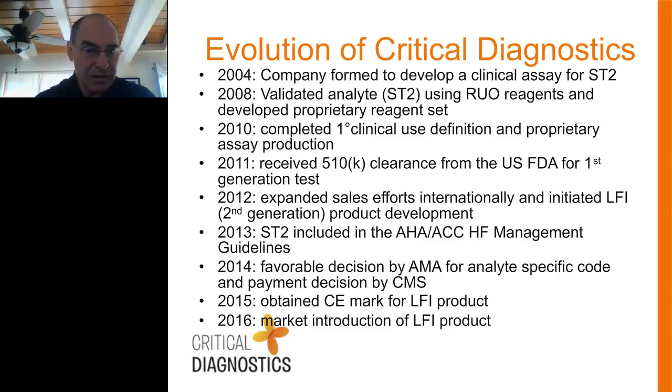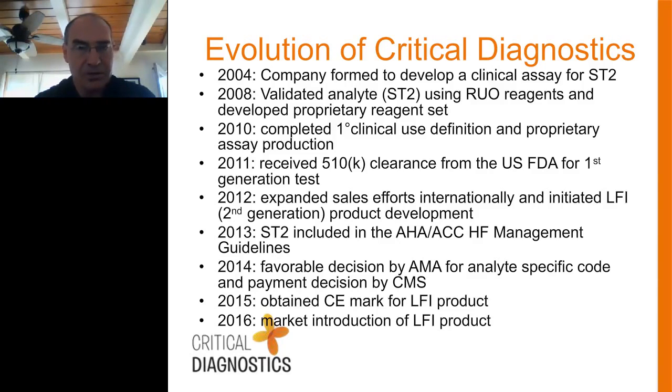In 2015, we obtained our CE mark. So CE mark is the European standard for regulation of clinical products. For our lateral flow product, we obtained that mark and clearance in 2015, began marketing in Europe in 2016, and also then used that CE mark standard to begin market introduction in our Asian partners.